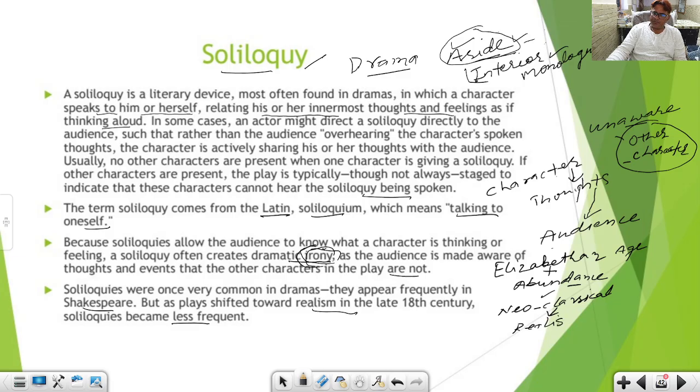And the people associated with this realism thought that soliloquy is illogical. Illogical. So they actually discarded it and didn't use this device in their plays or in their writings during the late 18th century. So this way, the origin of soliloquy and the meaning of soliloquy, I think you are clear with. Take a screenshot of this slide and then I will go to another one.